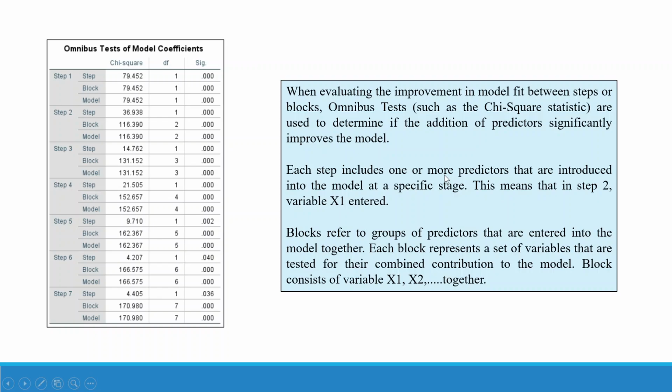Each step includes one or more predictors that are introduced in the model at a specific stage. This means that in step 2, variable x1 entered, just as an example. Block refers to the group of predictors that are entered into the model together. Each block represents a set of variables that are tested for their combined contribution to the model. A block consists of variables x1, x2.